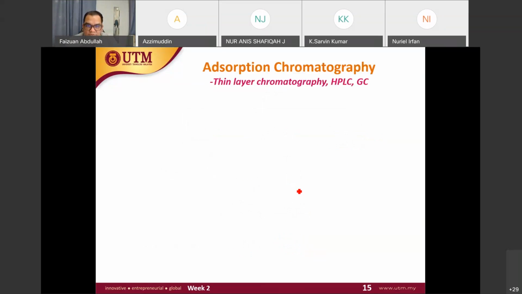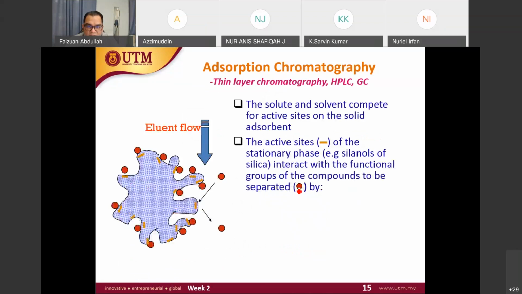Now, adsorption chromatography. Thin layer chromatography, HPLC, and GC also use this concept. The solute and the solvent compete for active sites on the solid adsorbent. Remember I told you the adsorbent can adsorb and desorb back.